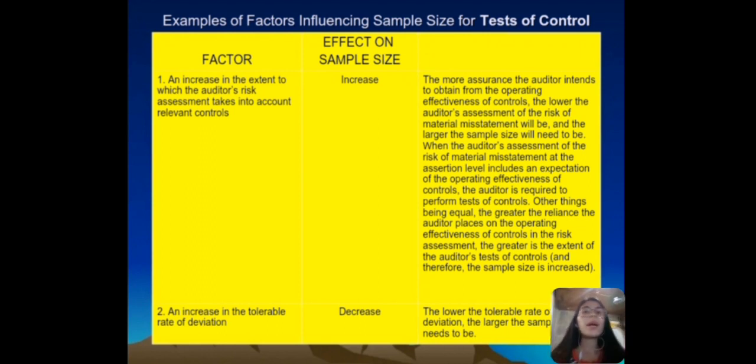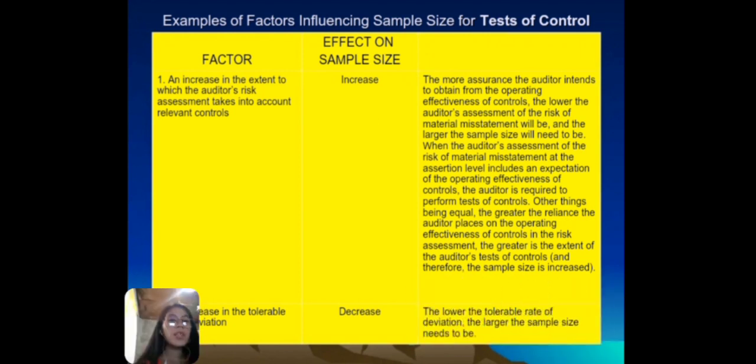So the next factor influencing the sample size for test of controls is an increase in the tolerable rate of deviation. It will decrease the effect on sample size. Why? This is because the lower the tolerable rate of deviation, the larger the sample size needs to be.